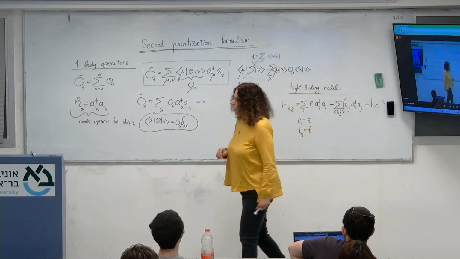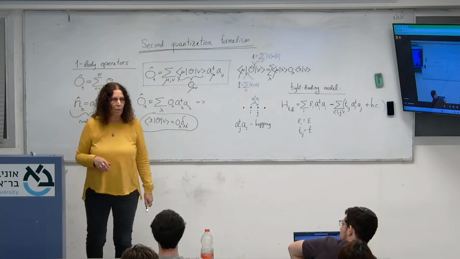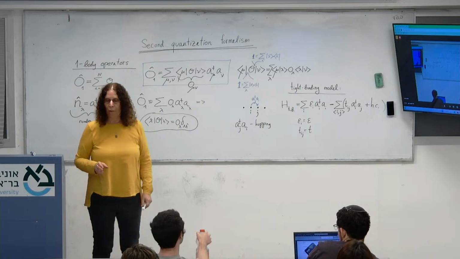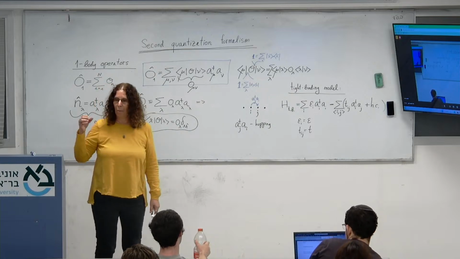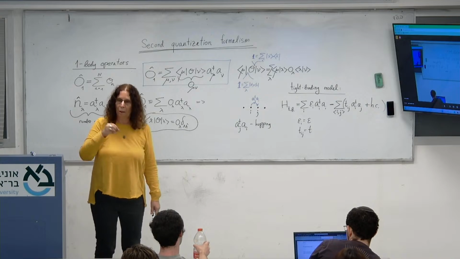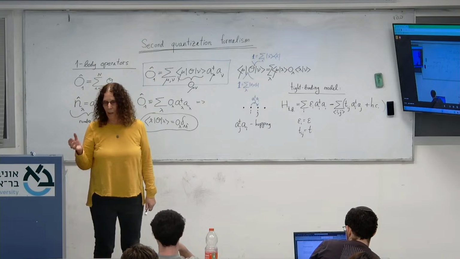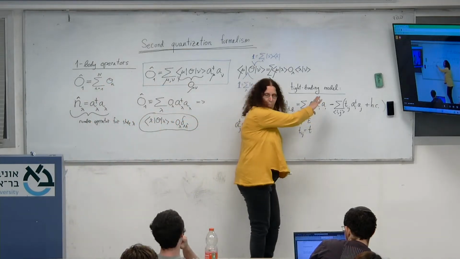But we'll see soon that if you want to introduce interactions in a crystal, the interactions are usually local and they are much simpler described in the basis of the site and not the basis of K-states. And therefore, that's why I do want you to remember how it looks.